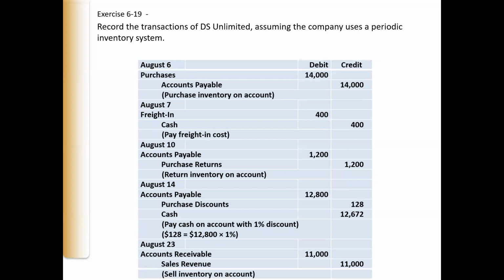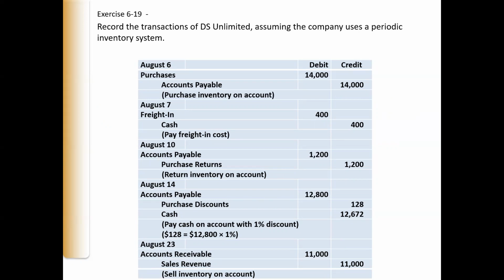When we have freight, we debit freight in and credit cash. When we return items, we debit our payable and we credit purchase returns. When we pay for the product, we debit our accounts payable, but we also credit purchase discounts.